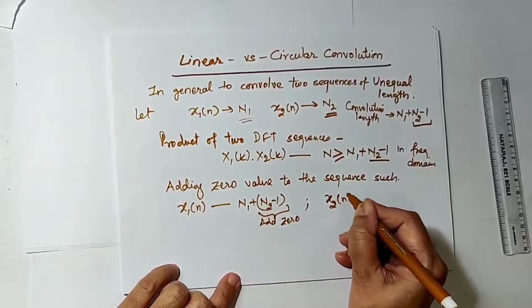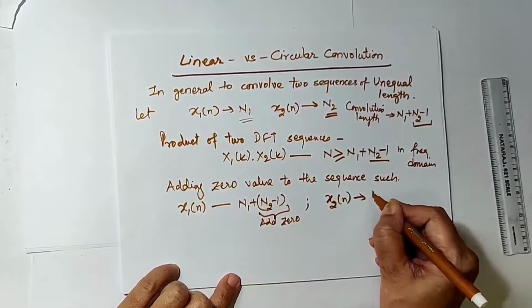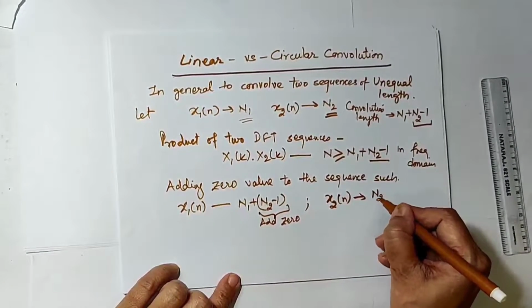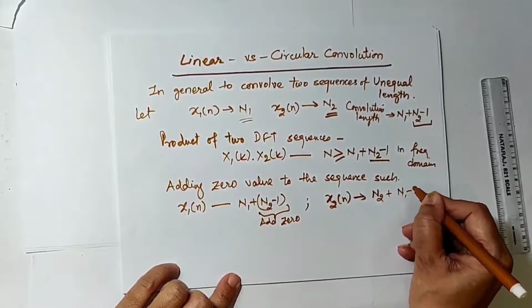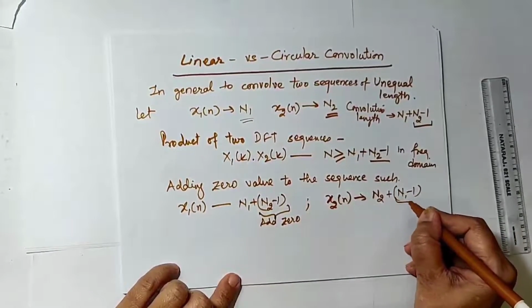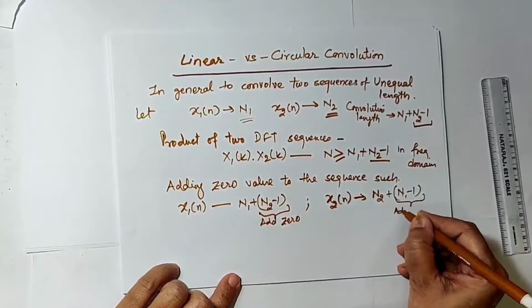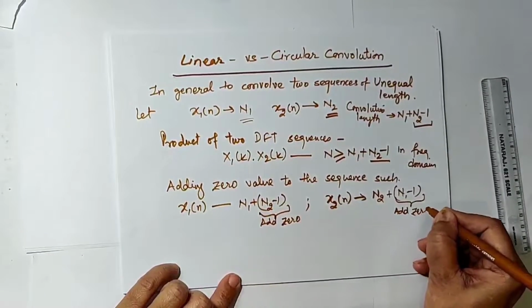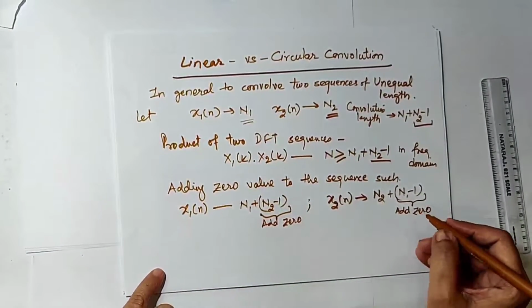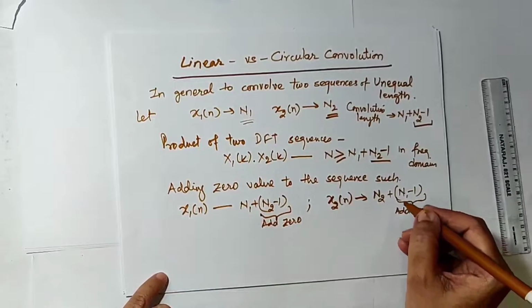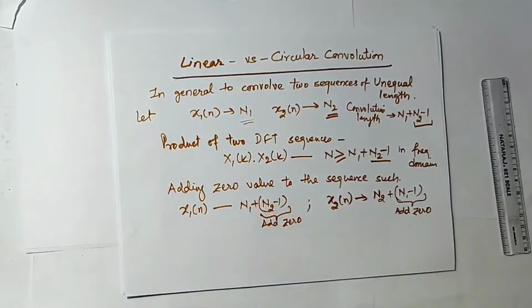Similarly, in x2(n), that would be N2 plus N1 minus 1. Here we add 0 to this sequence.